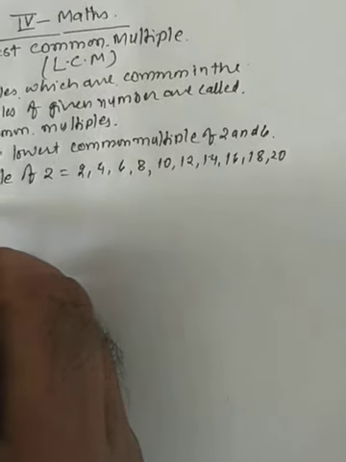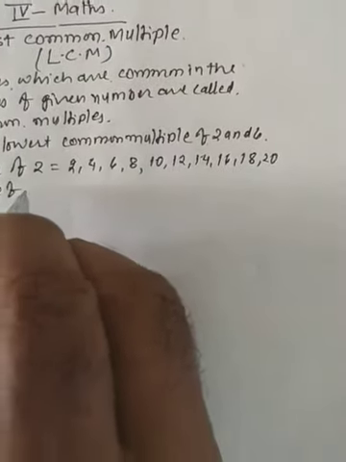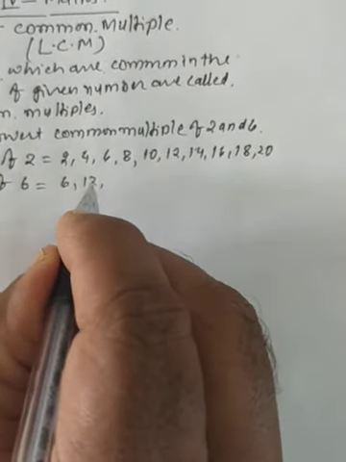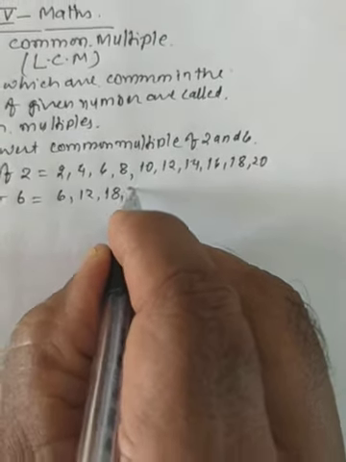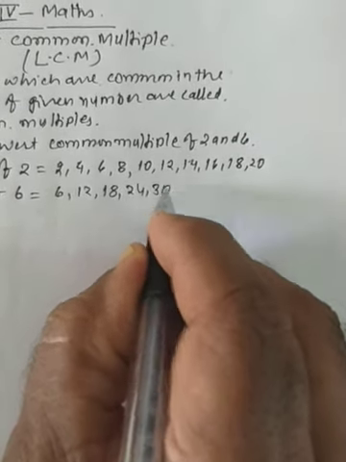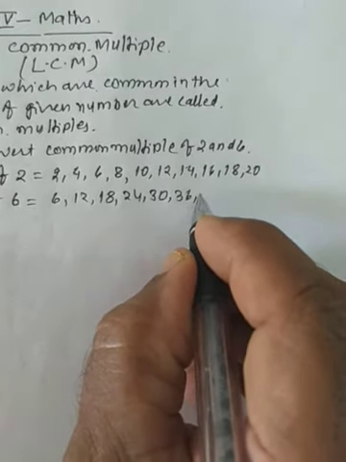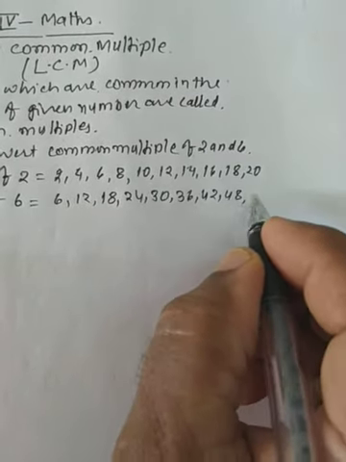Multiple of 6: 6, 12, 18, 24, 30, 36, 42, 48 and so on.